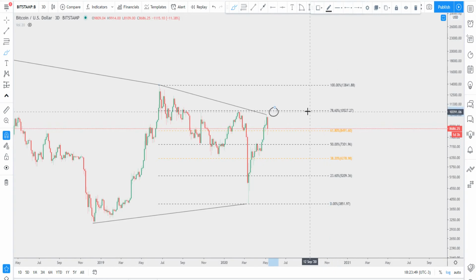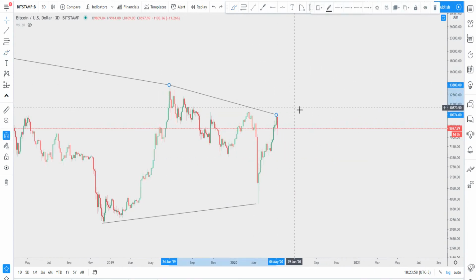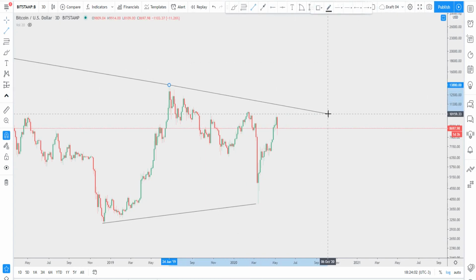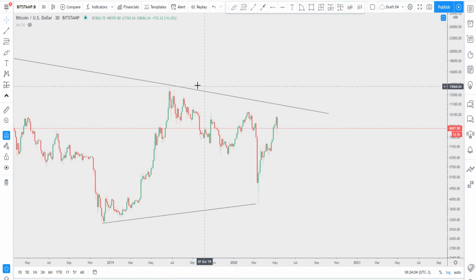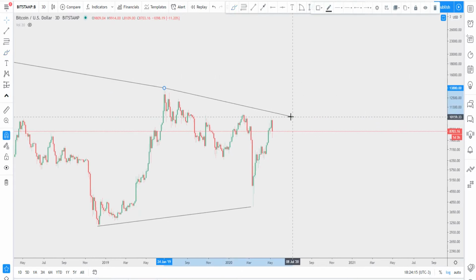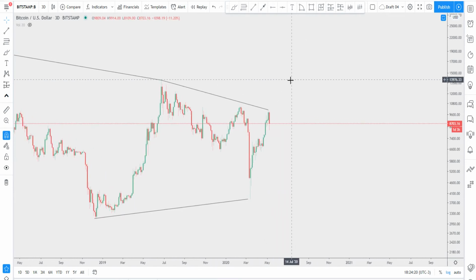That was possible, and it was even possible to see something around 11K, because these moves would still be a lower high compared to the previous one. So these were targets that we were waiting for based on the halving and FOMO and so on. But it didn't happen. Okay, no problem. We will keep looking for continuation.